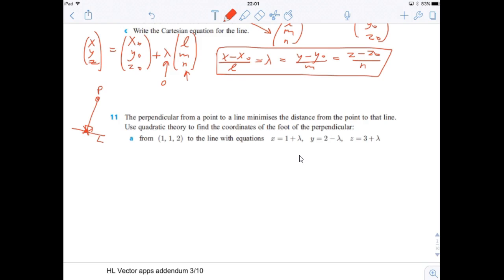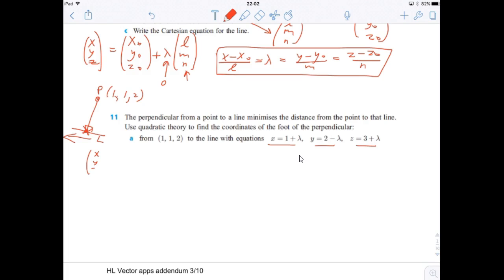So the point is going to be 1, 1, 2. And the equations for the line are these equations here. One thing we should do is figure out the direction vector of the line. One way to do that is to arrange it in vector form first.